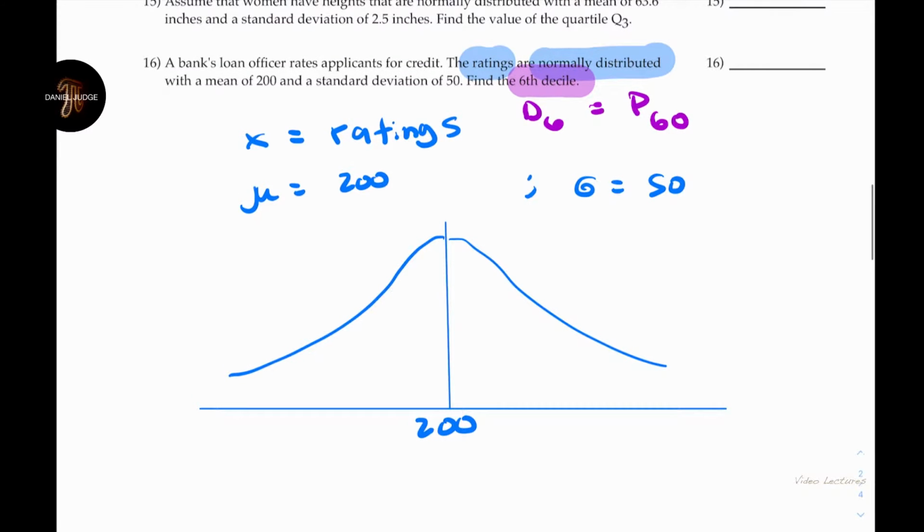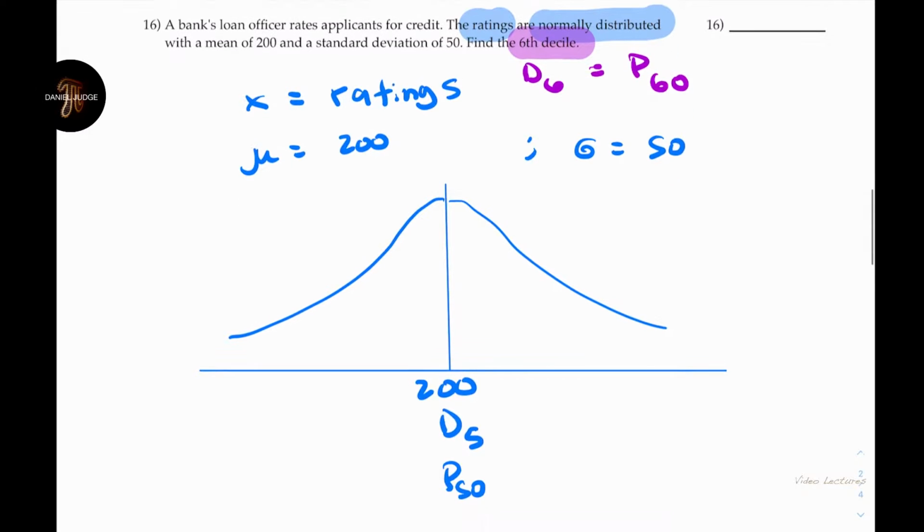So like we said earlier, right in the middle is D5, which is P50. D6 is to the right, ladies and gentlemen. This is where that sixth decile value is, because that's the 60th percentile.